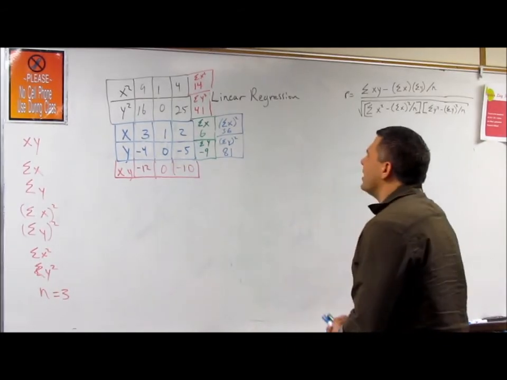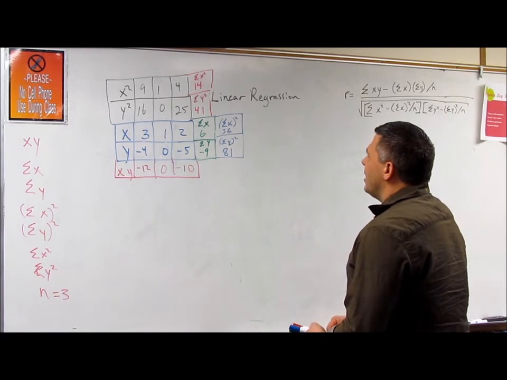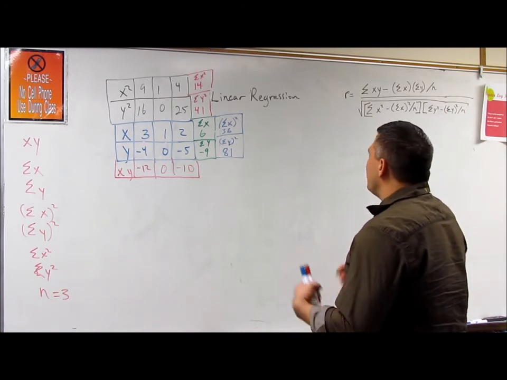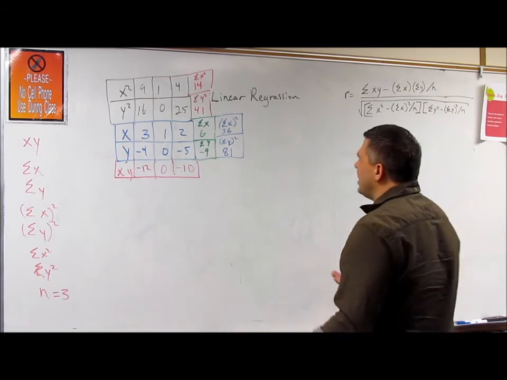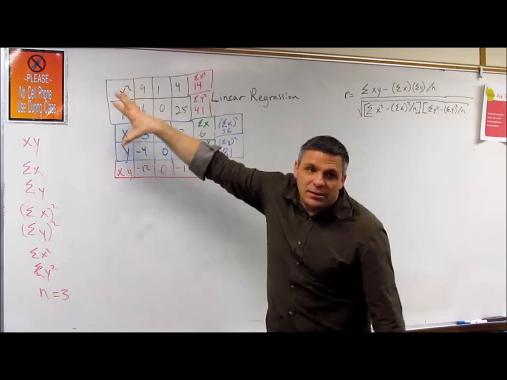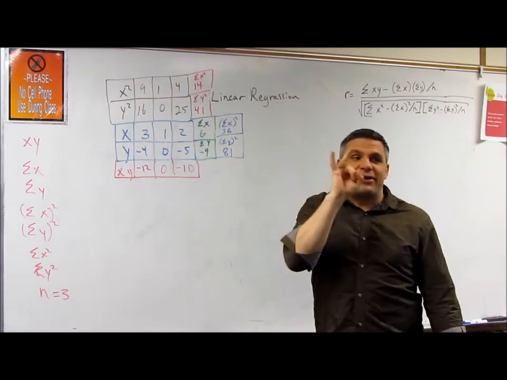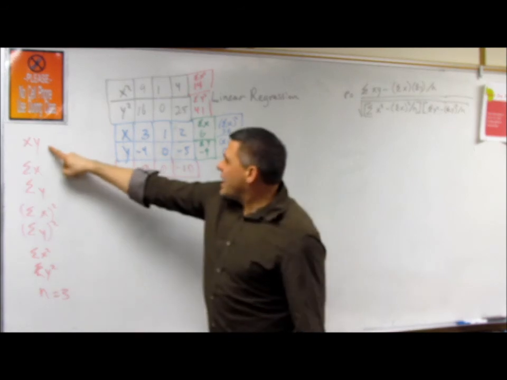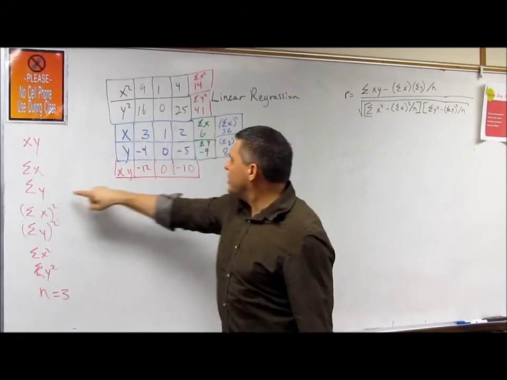Okay, so here we go. So we just plug it in. That's all that's left. So the key here is creating this format, right? That grid that gives you everything you need. We have the x's and y's.